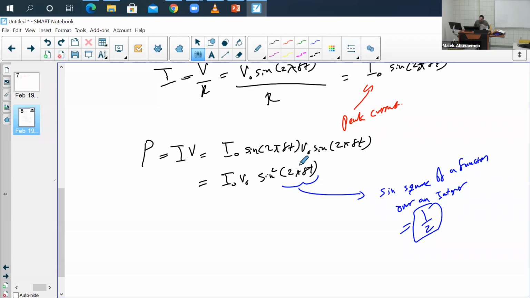So this whole thing is going to equal 1/2. It's a sine squared function over an integer, and the integer is 1. So basically your power is going to equal I naught V naught over 2.